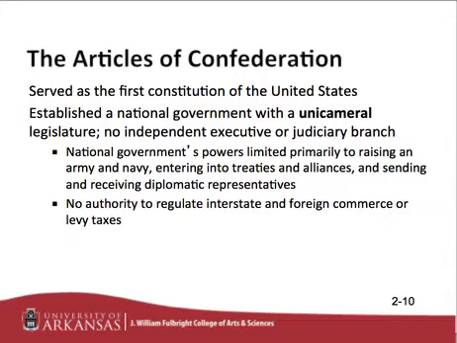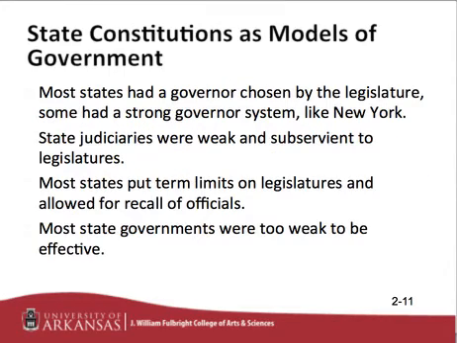Now, the national government's power was limited primarily to raising an army and a navy, entering into treaties and alliances, and sending and receiving diplomatic representatives. But the truth of it is, because it had no authority to regulate interstate and foreign commerce or levy taxes, it was incredibly weak, and this led to its downfall.